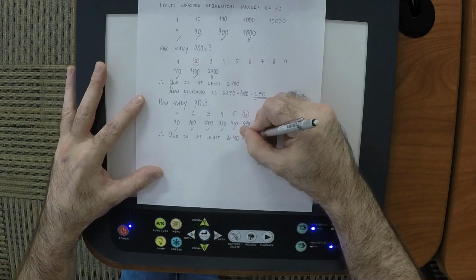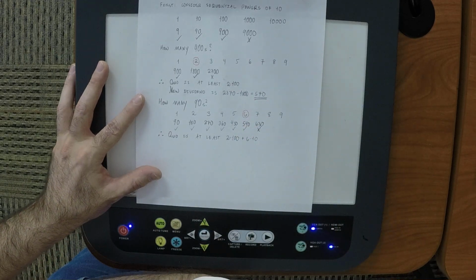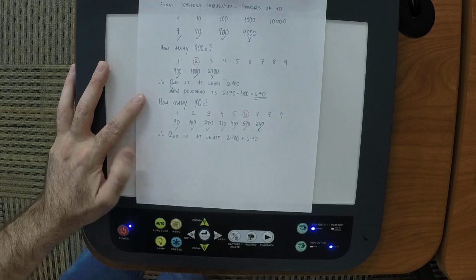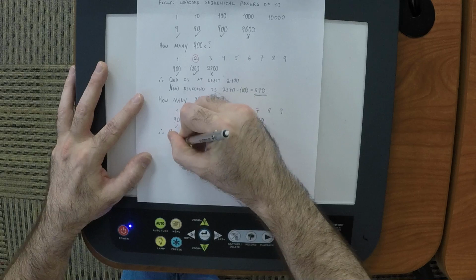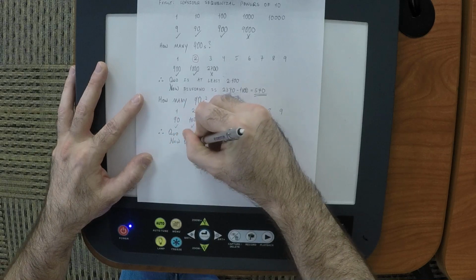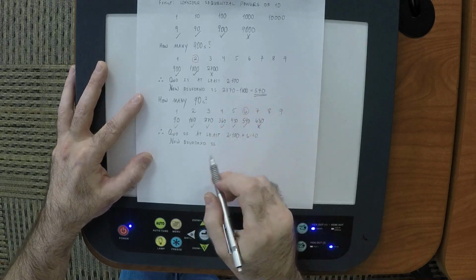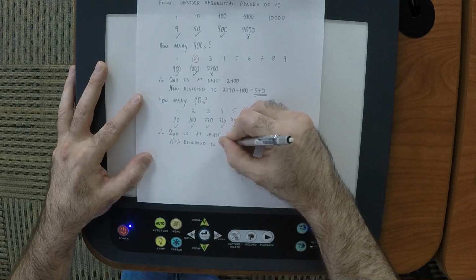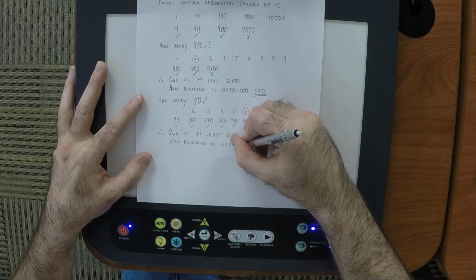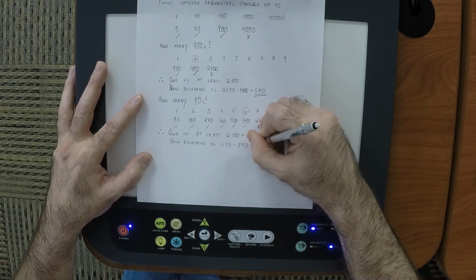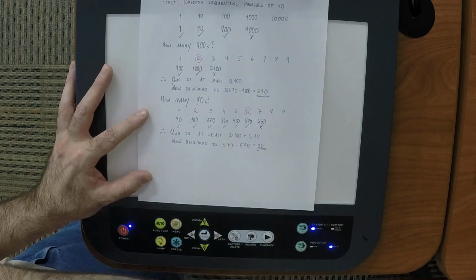So this would be plus 6 multiplied by 10 there. Okay, and now the new dividend is, well, we just had 570, and we just took away 540. So the new dividend is 30.